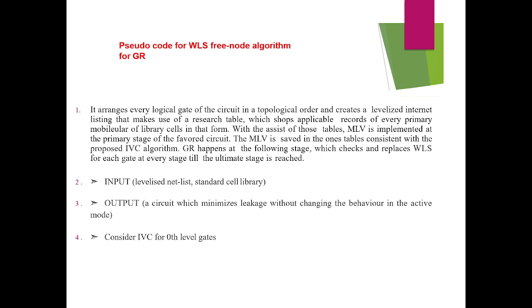So here is the pseudo code for the WS-free node algorithm for GR, as we can see in the given slide. At what stage does the GR happen, and what does the GR do? It basically checks and replaces the WS for each gate at every stage until the final stage is reached. Our input is a levelized netlist and a standard cell library, and our output, which is the primary concern of this implementation, is a circuit that minimizes leakage without changing the behavior in active mode.